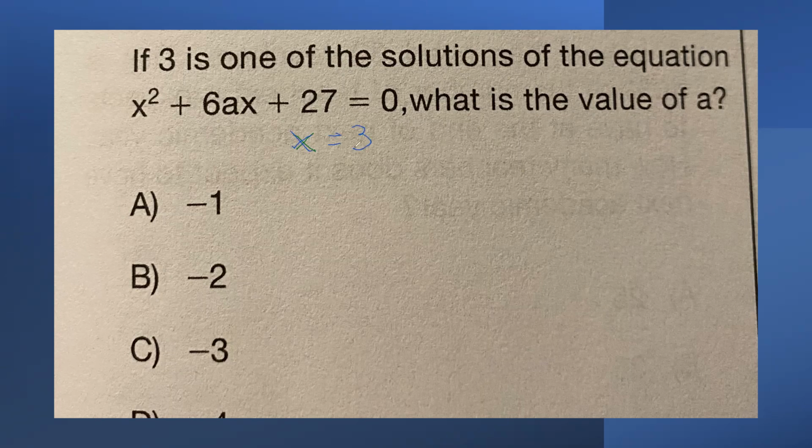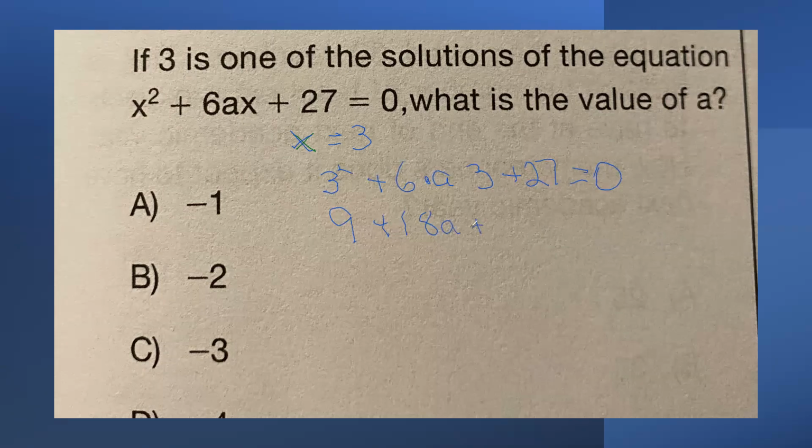We substitute that for X. So instead of X squared, it's going to be 3 squared plus 6 times A times 3 plus 27 is equal to 0. Now we need to solve for A. 3 squared is 9, 6 times 3 is 18, plus 18A plus 27 is equal to 0.